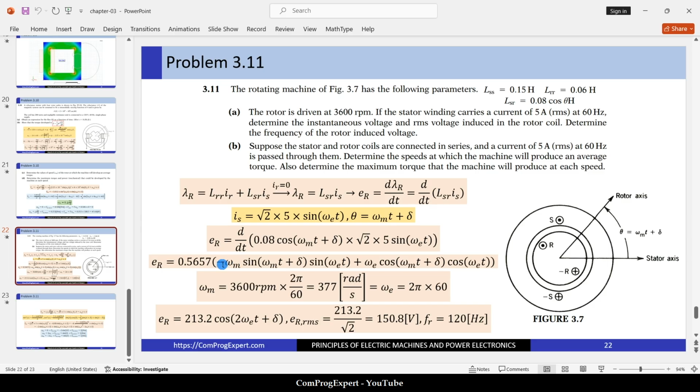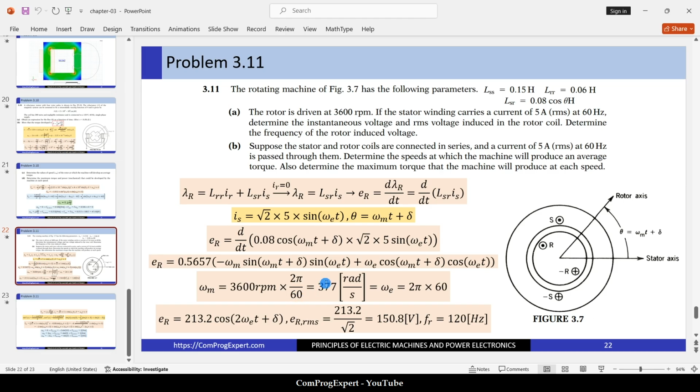Okay, so here we have omega m and omega e. The value of omega m is this one, 3600 rpm. We should change it to radian per second, so we should multiply it by 2 pi divided by 60.